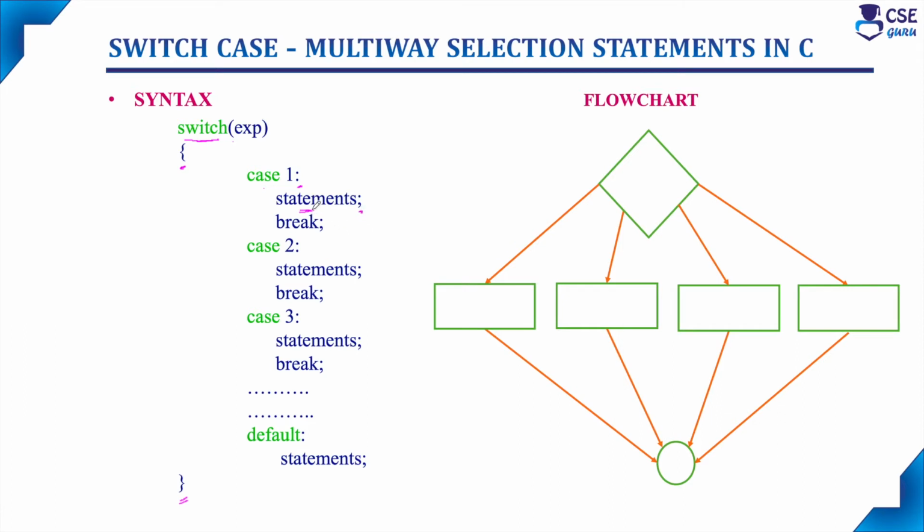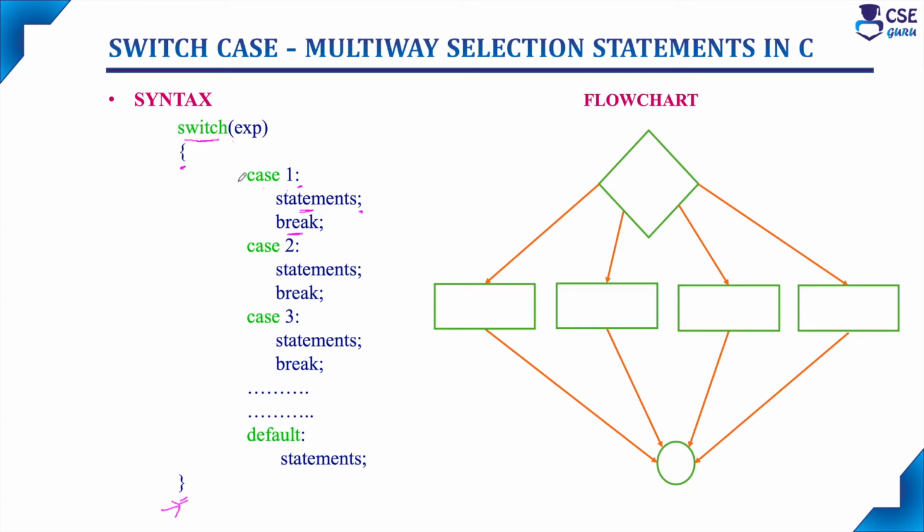After all the statements corresponding to this case, at the end we need to specify the break statement. The purpose of the break statement is to terminate this case and let control go out of the switch statement.